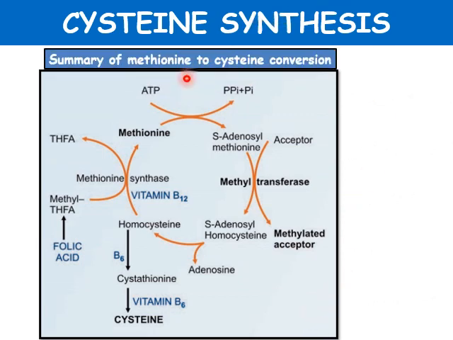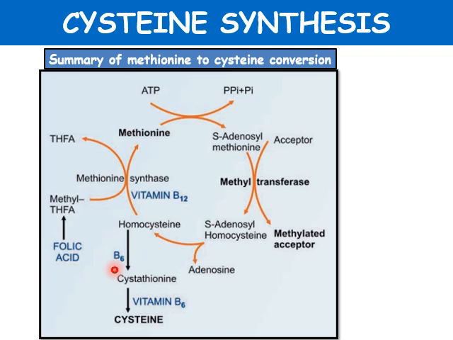So here there is a summarization of the conversion of methionine to cysteine. As I told you in the beginning, methionine converted into S-adenosyl methionine will get converted into S-adenosyl homocysteine. After removal of the adenosine group, it gets converted into homocysteine. If there is B12 and methyl tetrahydrofolate, it gets back to methionine, or this homocysteine reacts with serine.